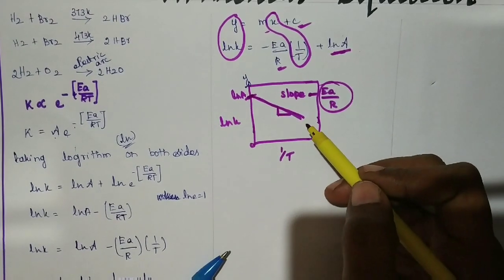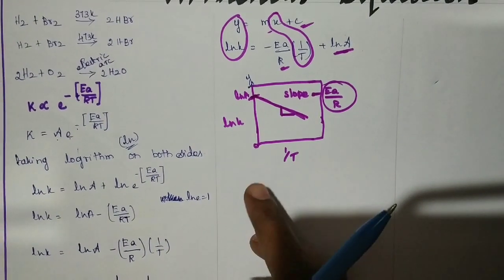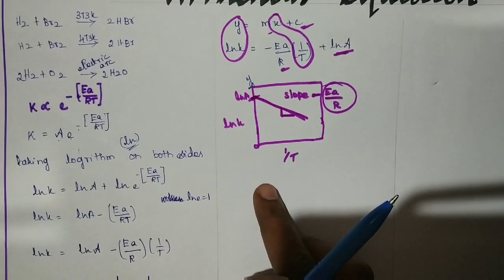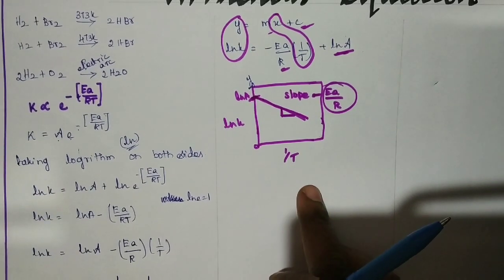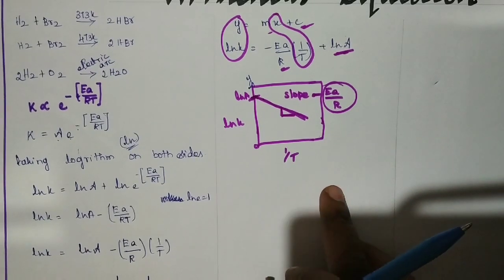This is the graphical verification. At temperature T is equal to T1, the rate constant is k1. At temperature T is equal to T2, the rate constant is k2.